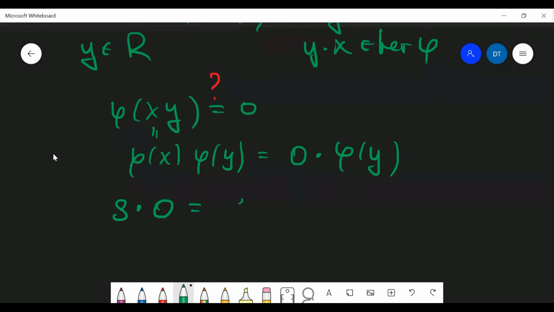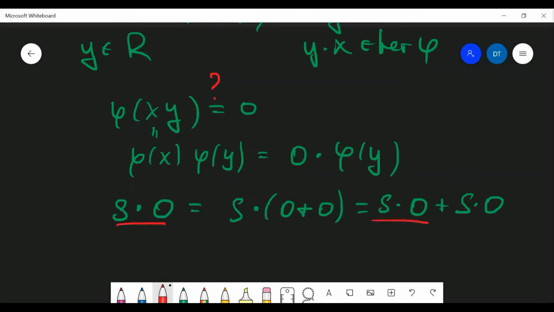This is exactly the same as s times (0 plus 0), because 0 plus 0 must be 0, since 0 is neutral for addition. Then because of the distributivity law, this is the same as s·0 plus s·0. Now we may cancel out one summand, subtracting this element, and we get 0 equals s times 0. So for any element s of the ring S, if we multiply by 0, we get 0.